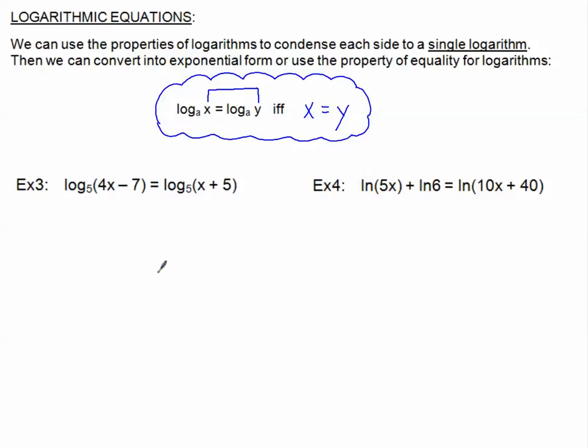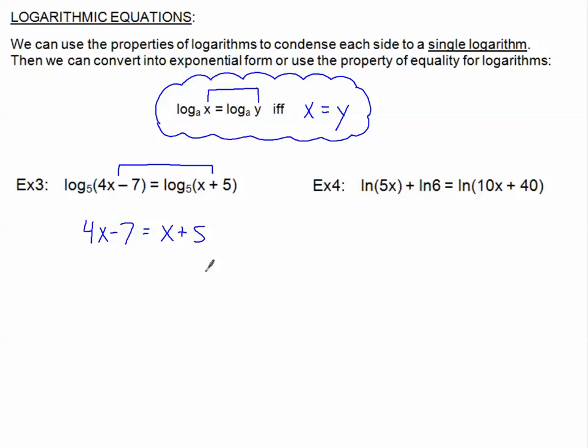And that's in example 3. We have the log base 5 of this quantity 4x minus 7, and that's equal to the log base 5 of this quantity x plus 5. Well, as long as the bases are exactly the same, we know that these two quantities, this 4x minus 7 and this x plus 5, must be identical.